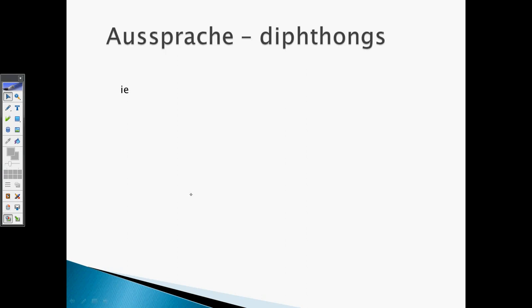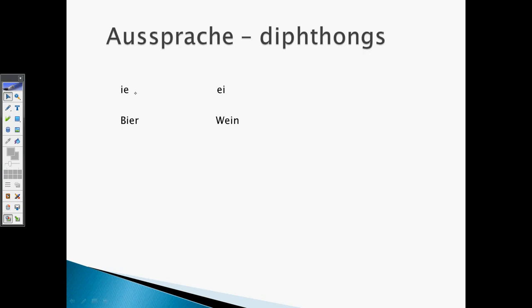For example, I and E together. E and I together. So here are two different words, okay? I guess the easiest solution would be to think of how you would pronounce these two words in English. And that might help you with these two vowel combinations.